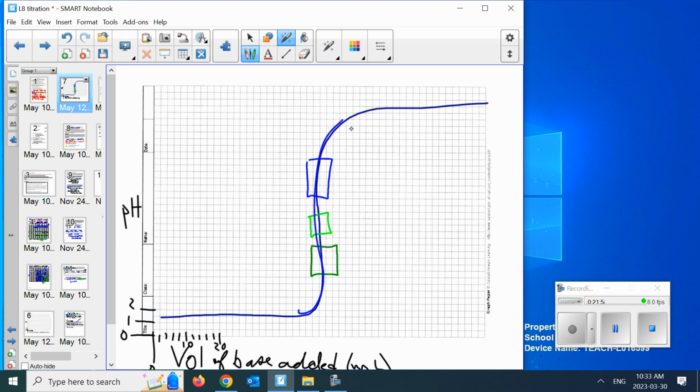I have 3 different rectangles because we could use different indicators. I told you about indicators before. We used this one, I think, almost all the time, where it went from yellow to green to blue, right? You remember that?